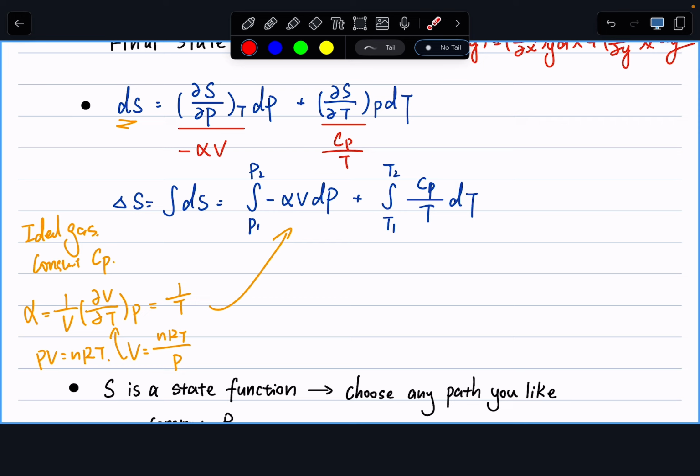So my delta S2, well, now it's an isothermal process, so this integral will go to 0. Well, temperature is not changing, right? So dT equals 0. So my delta S2 equals the first integration, which is from P1 to P2 of negative alpha V dP.